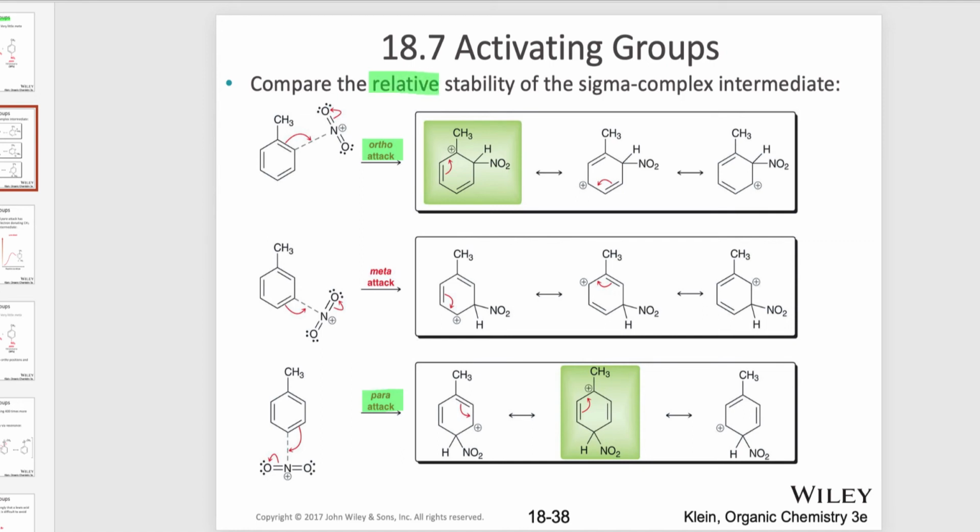So the relative stability of the sigma complex intermediates. So you do your arrow pushing mechanisms. I would stop here or pause the video, look at the starting material and the alignment, and then just form the product and then kind of reproduce the resonance forms that are possible.